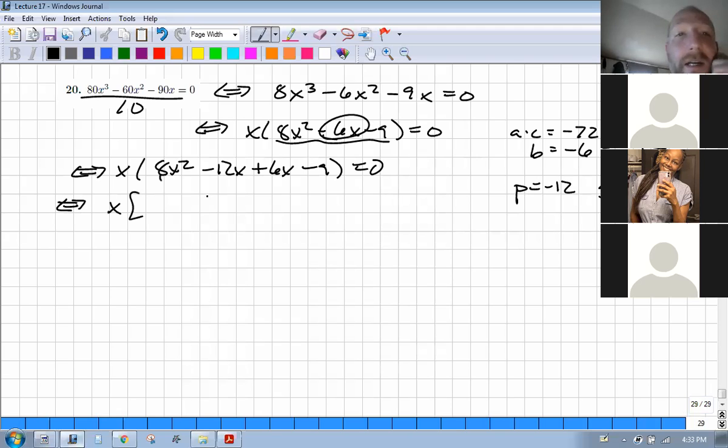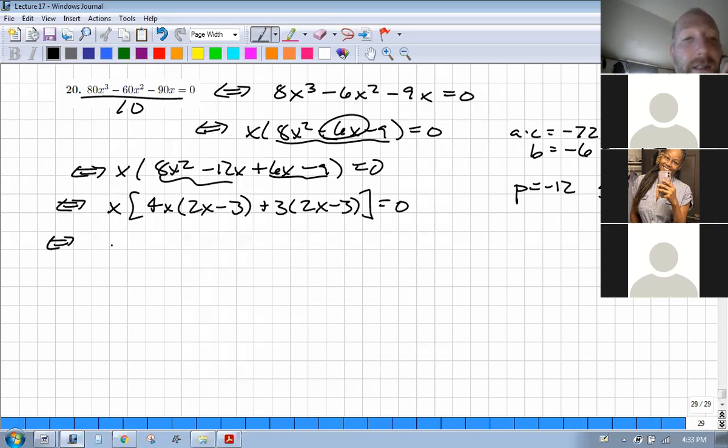So this guy, I could factor out a 4x, which gives me a 2x minus 3. Over here, I'll pull out a 3, which gives me a 2x minus 3 again. So I have an x, 4x plus 3, both times 2x minus 3.